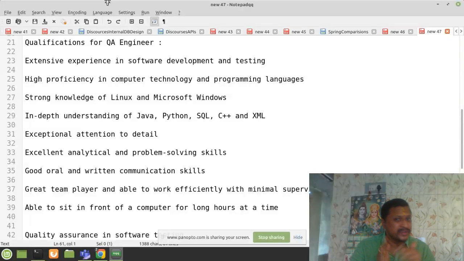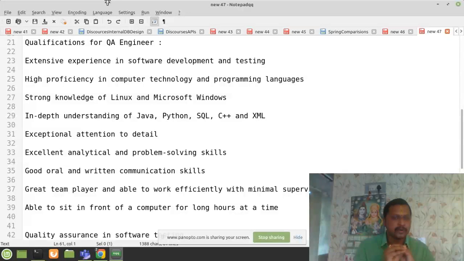Nowadays, not only a QA engineer, wherever we go, without excellent analytical and problem solving skills, we can't survive. We first need to analyze the problem, we need to have the solution for the problem, and we need to have the analyzing capability for the problem.